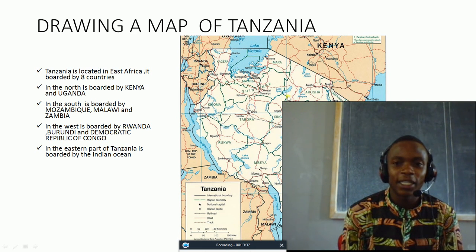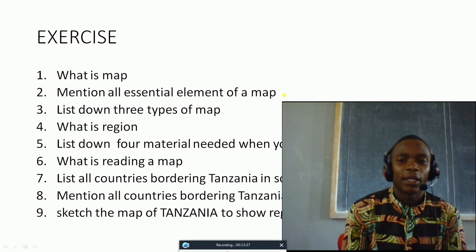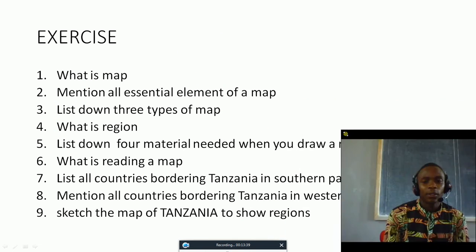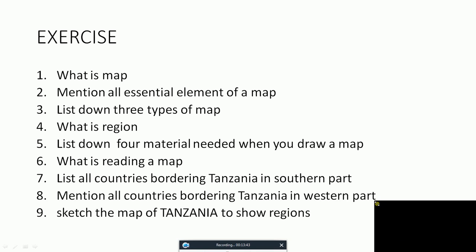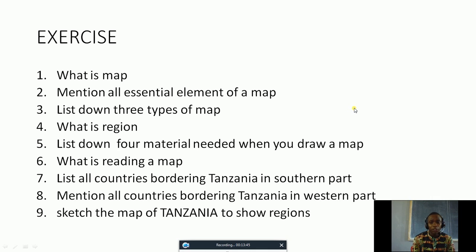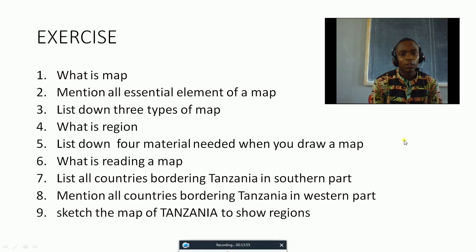Okay, this is the end of our lesson, but there is an exercise here. There are 9 questions, and they are very simple and very important to know. In order to understand, you're supposed to read your notes first, then after, you start to do the exercise.